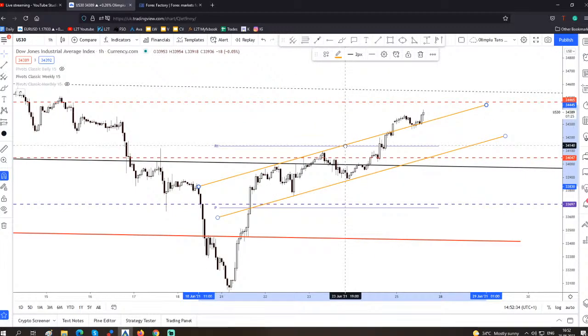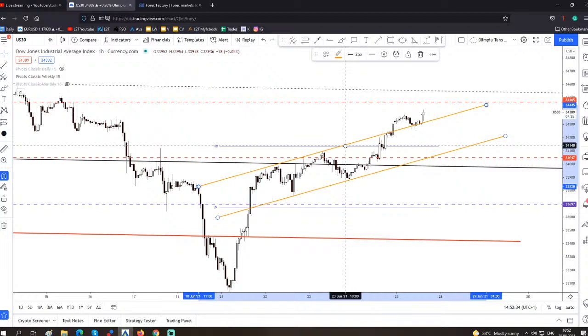And please take a look here on the 1 hour. The price of the Dow Jones Industrial Average US 30 has managed to jump, to break out from this channel. Right now it tries to make a new higher high, which could signal a potential growth here.